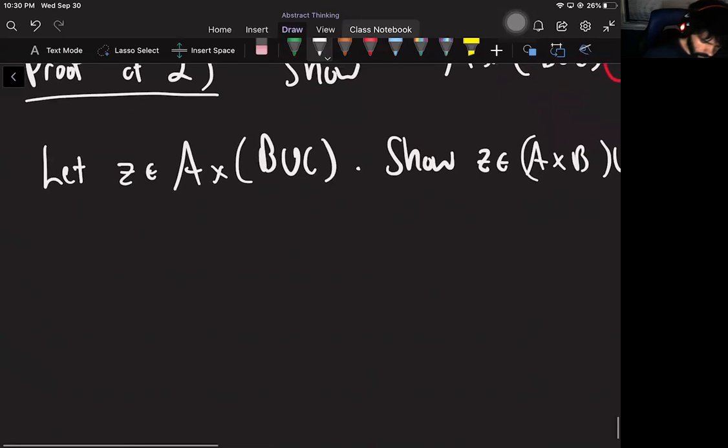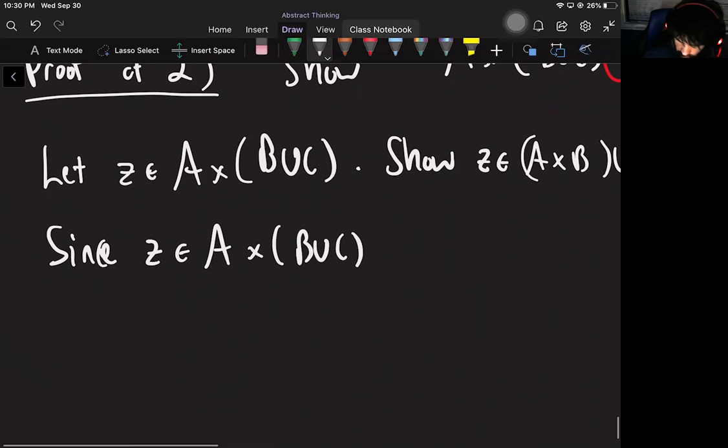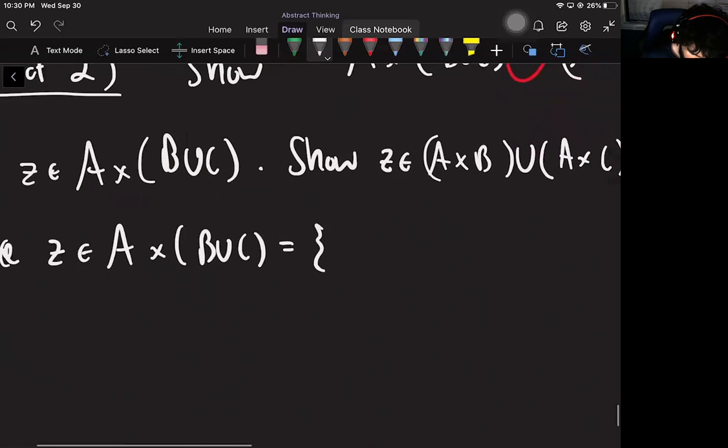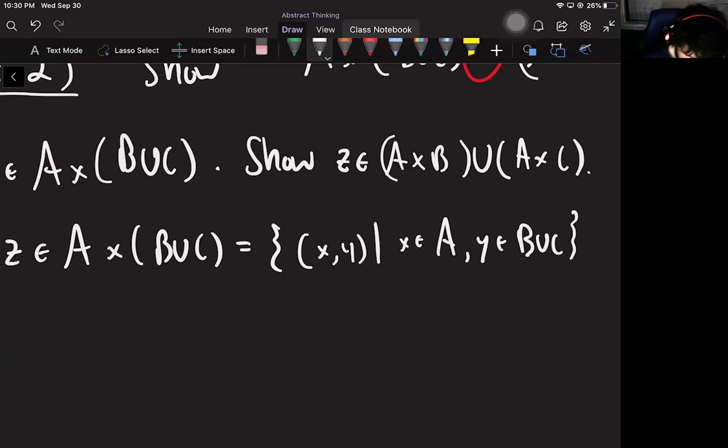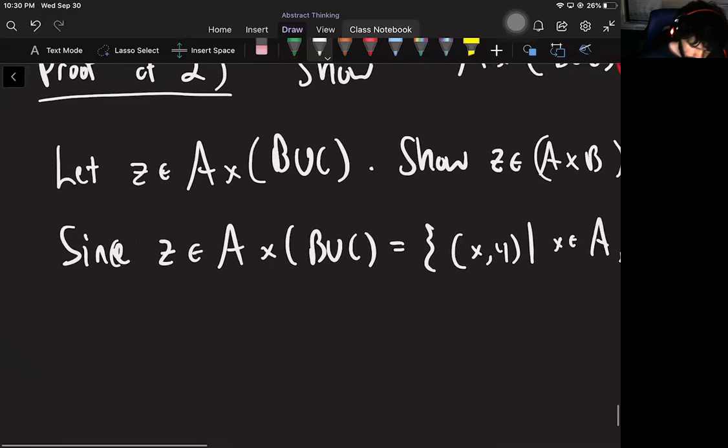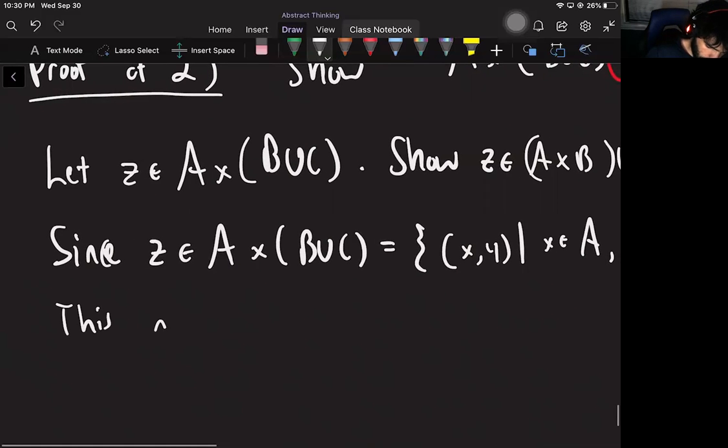Okay, so now we just say what everything means. Since Z is an element of this set, we've got to really think about what an element of this set looks like. How about I use X and Y this time? It looks like ordered pairs because it's a product where the first coordinate comes from A, and the second coordinate comes from B union C. So if Z is in there, it's one of those guys.